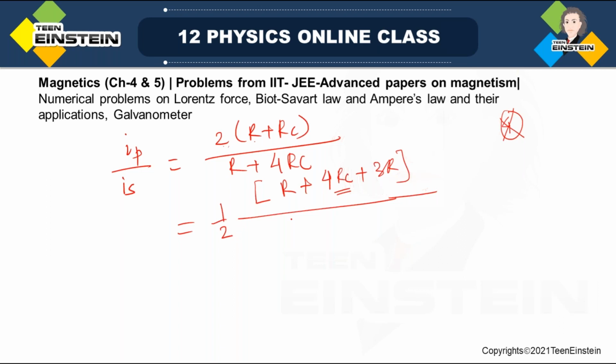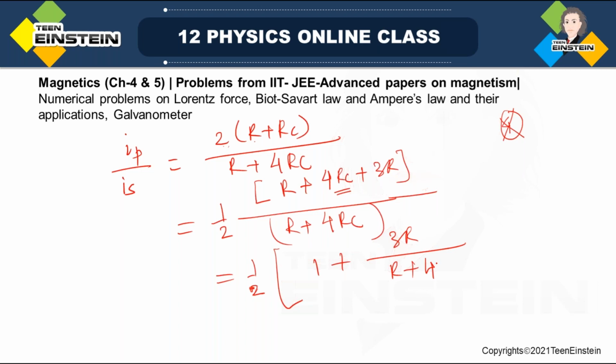Okay, that's what we have done now. So now here it is 4RC in the denominator. So this guy will go anyway, you know that. So half is here.